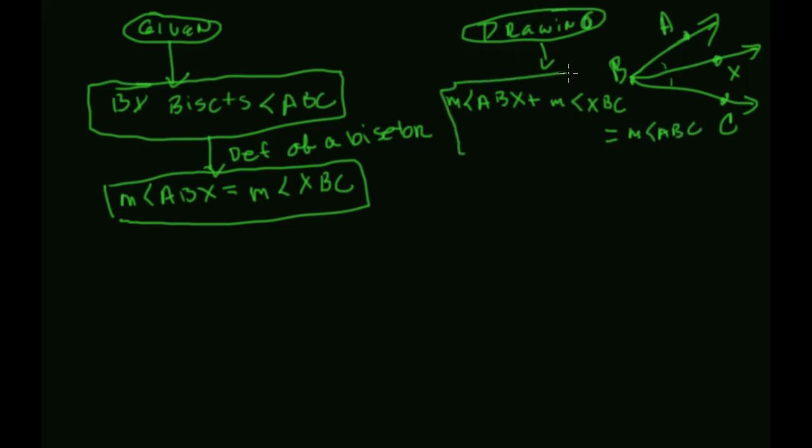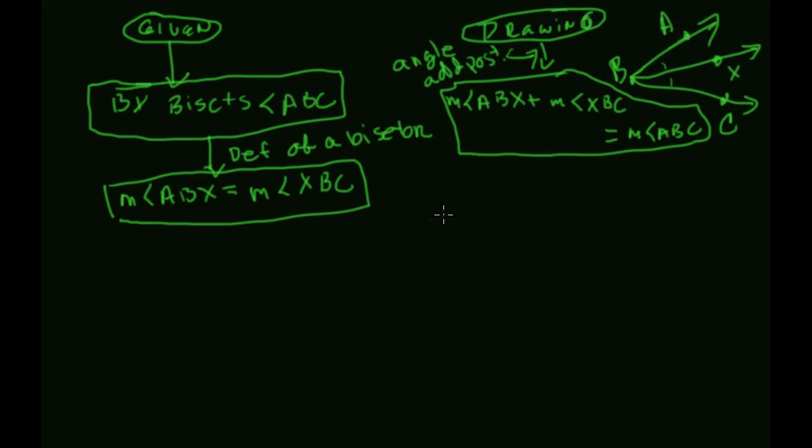Okay, well, that seems pretty logical. We've seen this before. The two angles have to add up to the whole. This is what we have called the angle addition postulate, which is what allows me to do that. Okay, so I've justified this.